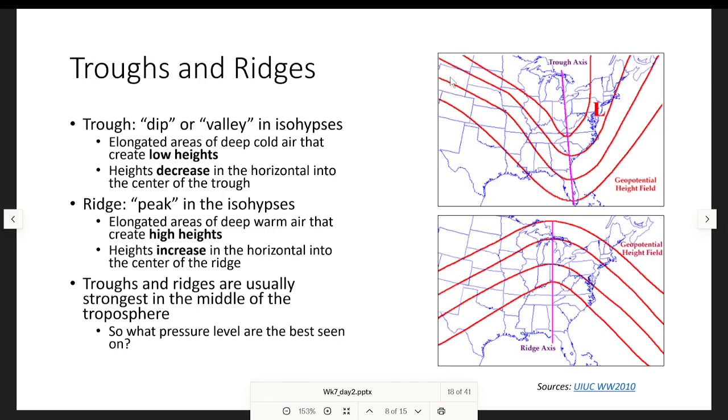When you have a trough like this, you can really start getting these two significantly opposing air masses to meet. The heights begin to decrease in the horizontal into the center of the trough, so you have heights that are decreased up until this point.